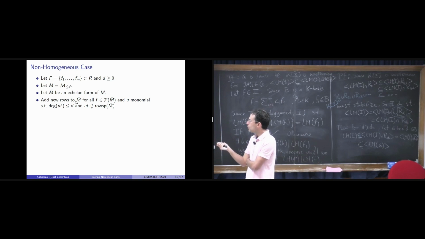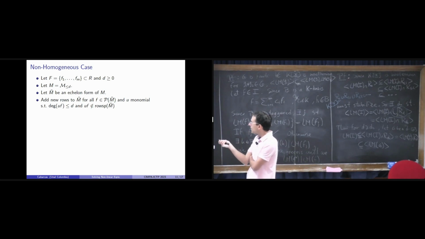let's add new rows to M tilde for every polynomial F and for every monomial U, so that the degree of UF is less or equal to D, and UF was not already in the row span of M tilde, the row space of M tilde.